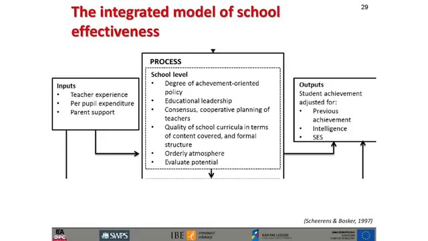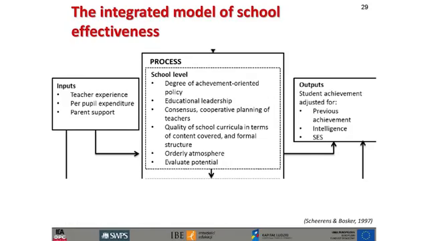So, for example, the previous achievement was one of the control variables, the intelligence, but also things like socioeconomic status, which is related to these long-term outputs. As input, teacher experience was considered, per pupil expenditure and parent support.